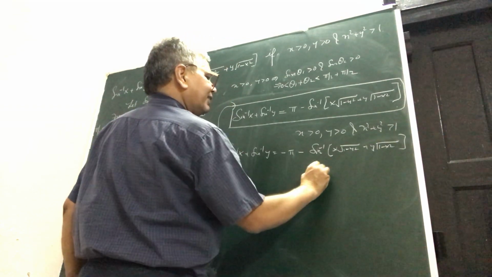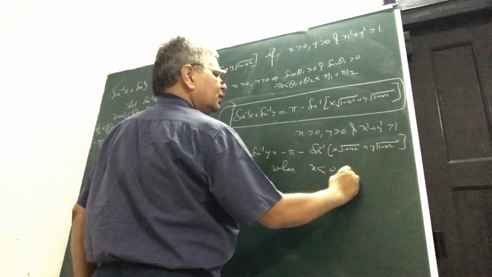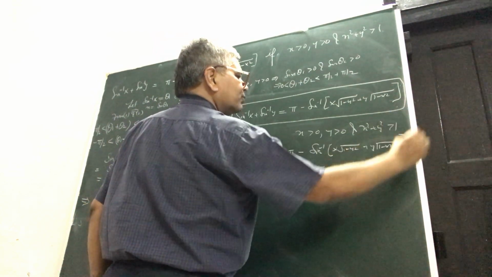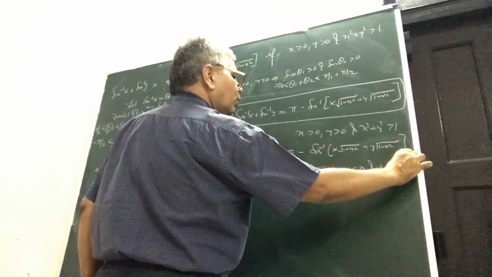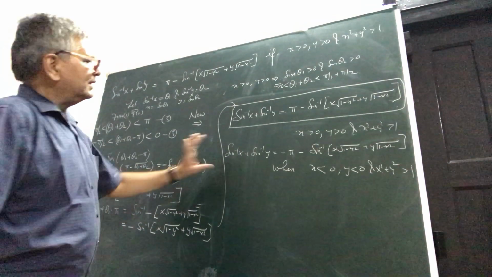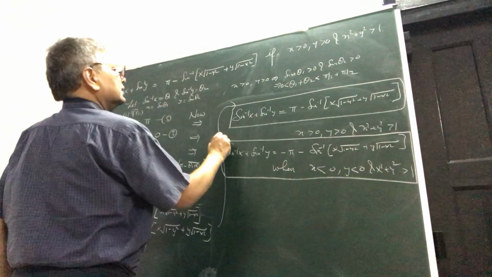Very simple. This is when x is less than 0, y is less than 0, and x square plus y square is greater than 1. So simple, this result can be obtained from the earlier result.